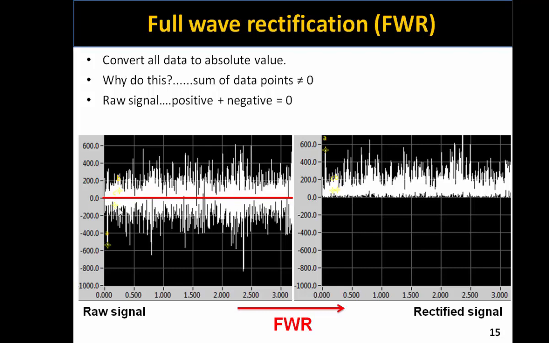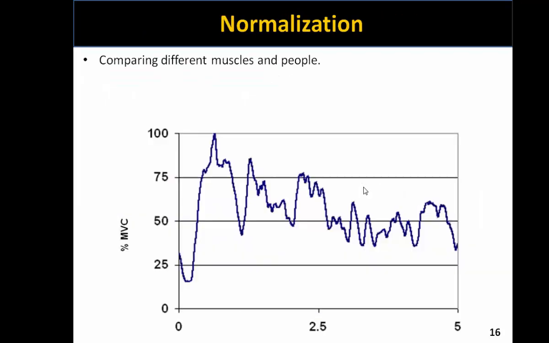All the negative values are essentially flipped onto the positive side of this graph. Now that we have all these positive-only values, we can perform various fairly straightforward mathematical steps to put a number to this recorded signal.